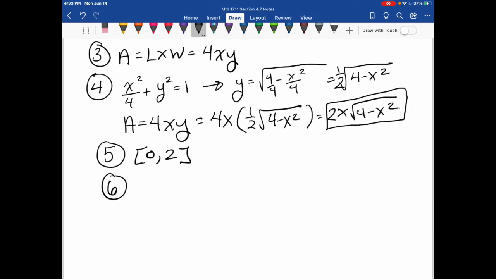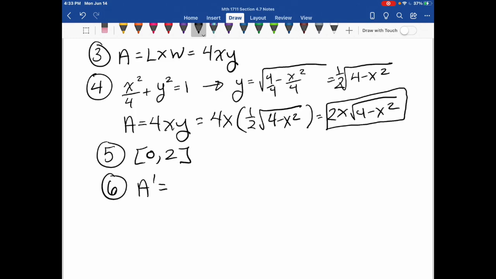Now in step 6, we're going to find the critical values and look for a local max and then check it against our endpoints to see if there's an absolute max. So we need to take the derivative of the area. We're going to take the derivative of 2x times the square root of 4 minus x squared.